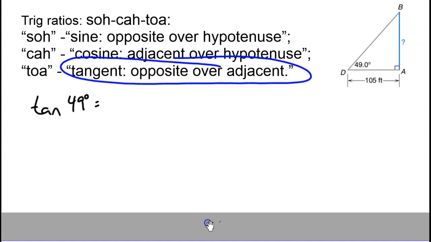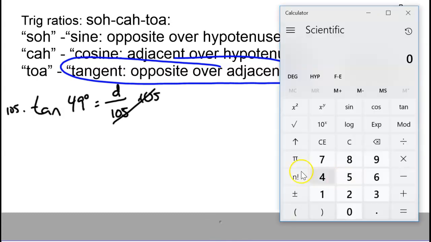And so opposite, we don't know. We called that D. And over adjacent, that's 105. We want to get D by itself, so we will multiply both sides by 105. That will get that out of there. And let's get the calculator.